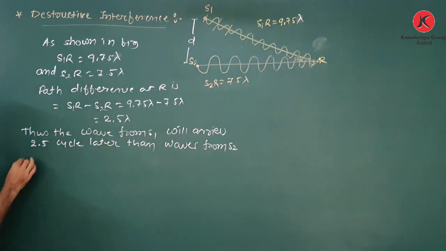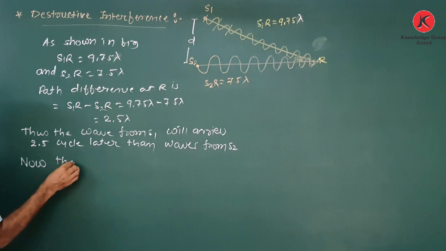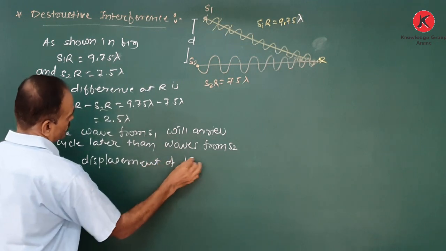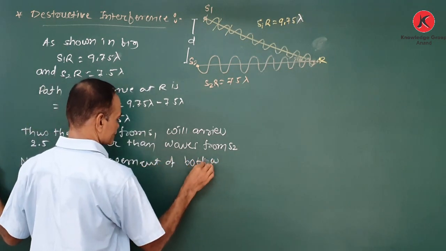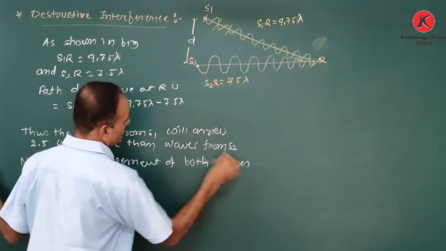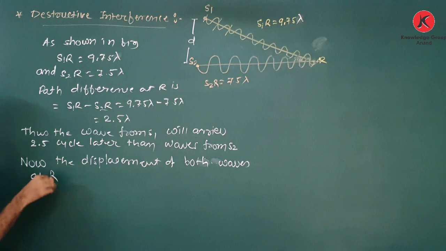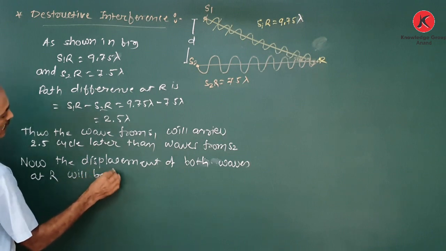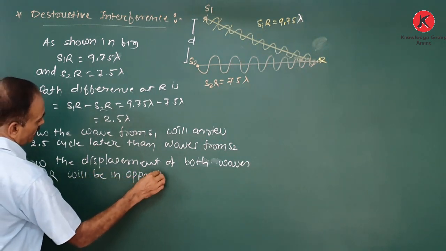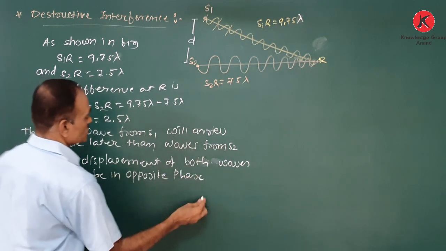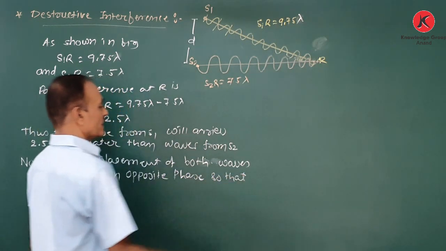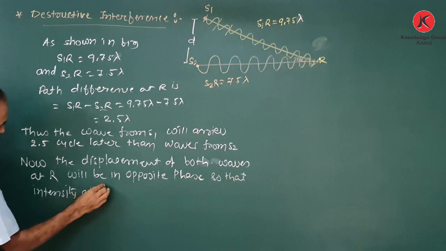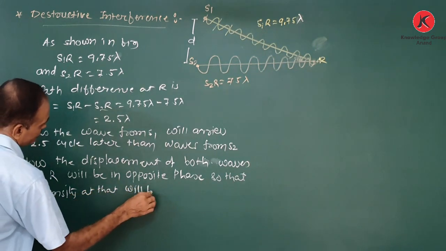Okay. Now the displacement of both waves at R will be in opposite phase, so that the intensity at that point will be zero.